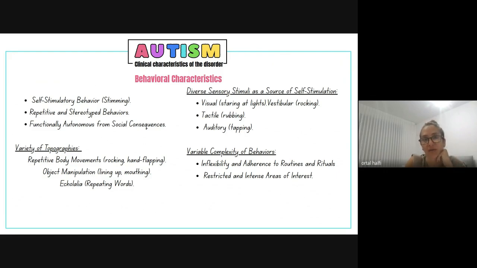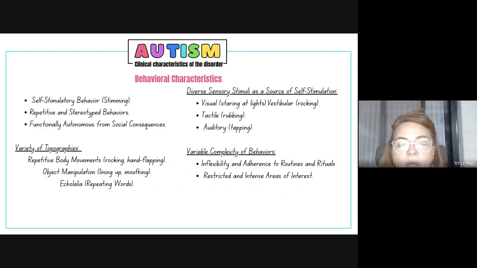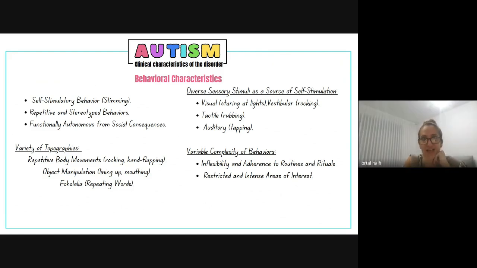Examples: repetitive body movement, rocking, hand flapping, object manipulation, echolalia, repeating words. And also there is a variety of sensory stimulation as a source of self-stimulation: visual, tactile, auditory, and also a variable complexity of behavior, like inflexibility and insistence on routine and rituals, restricted and intense areas of interest.